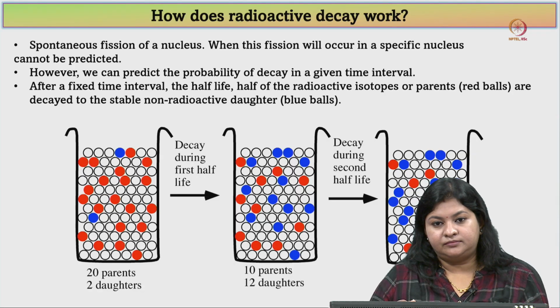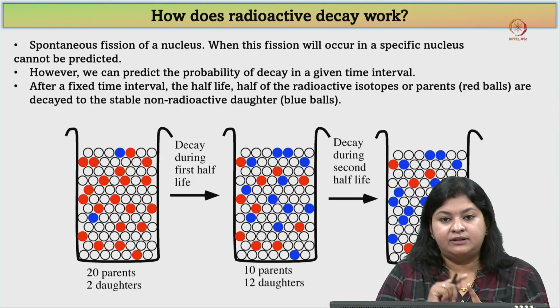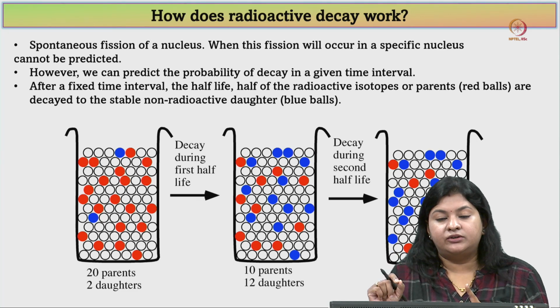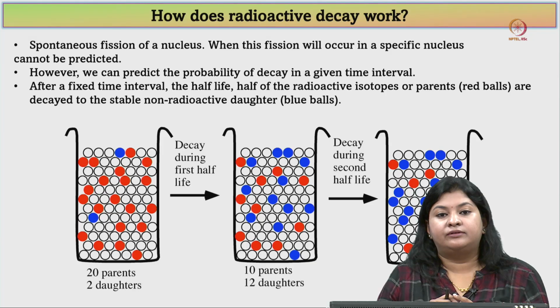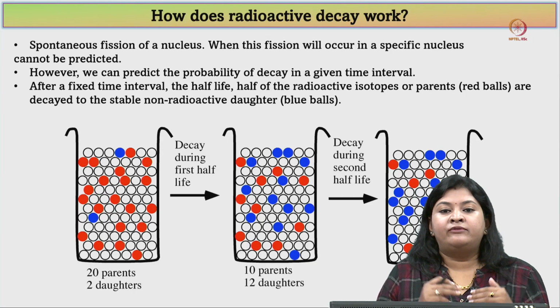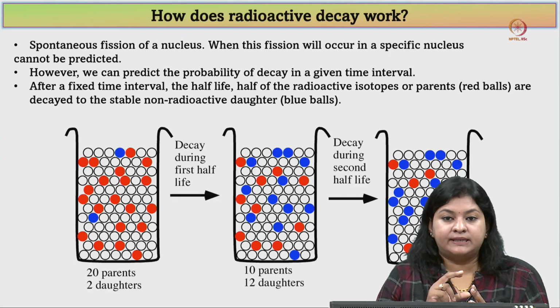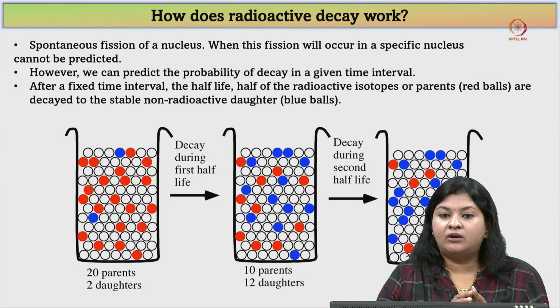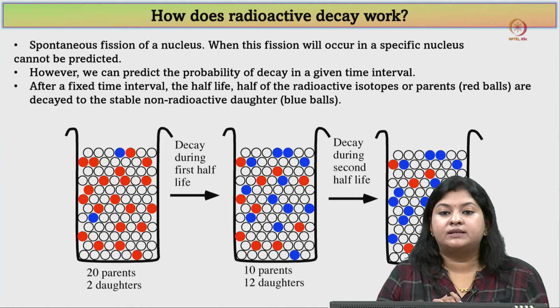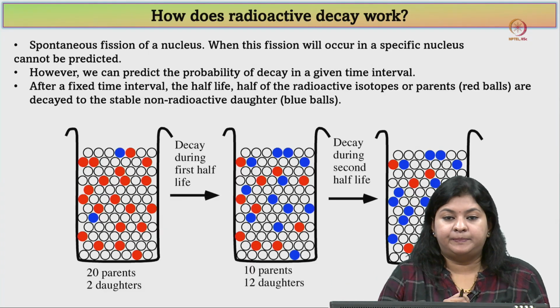How much time does it take for the concentration to decrease to half, that is called the half life. And for every radioactive isotope, we have calculated that from experiments and theoretical calculations. We have found out the half life for each and every radioactive parent.